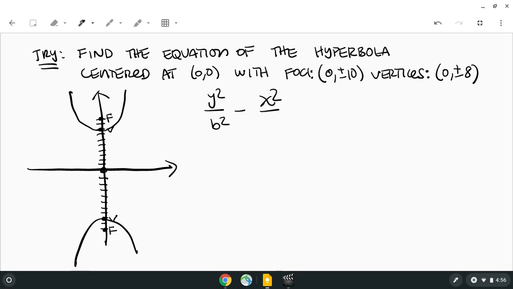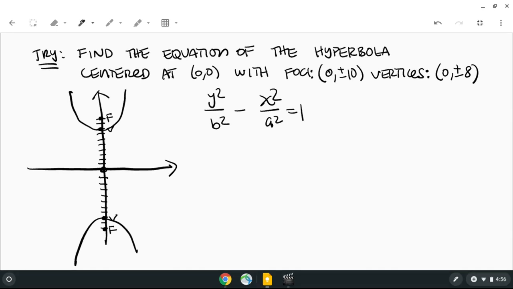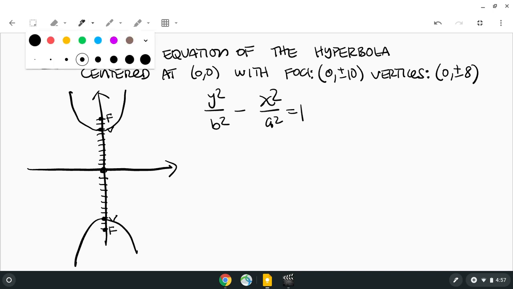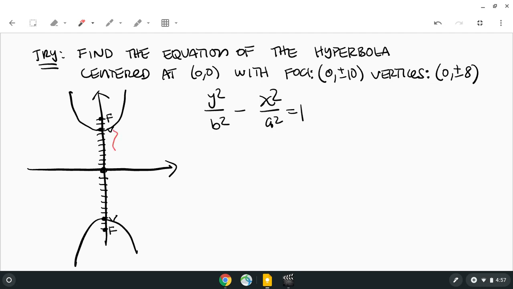So let's go ahead and we know the y distance. So let's take a look at that. Here, this is my y distance, which is 8.